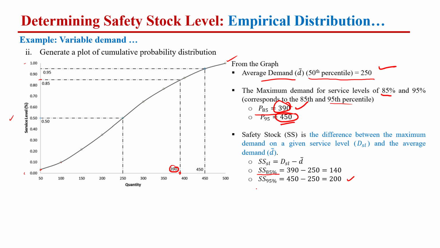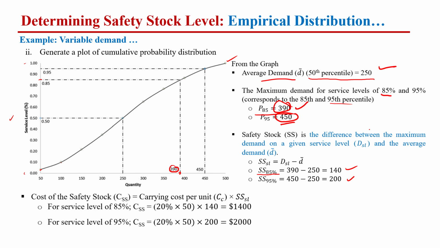That means if you would like to satisfy 95% of your customers, your safety stock in this particular case should be 200. If you would like the service level to be 85%, then the safety stock should be 140.